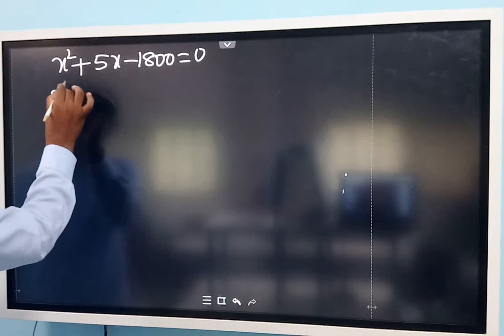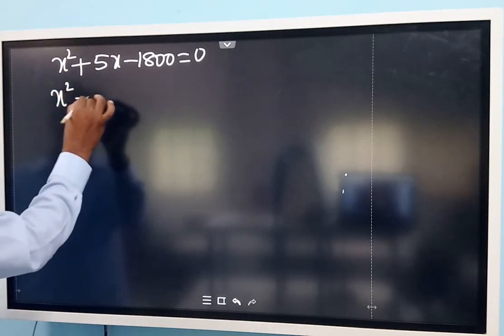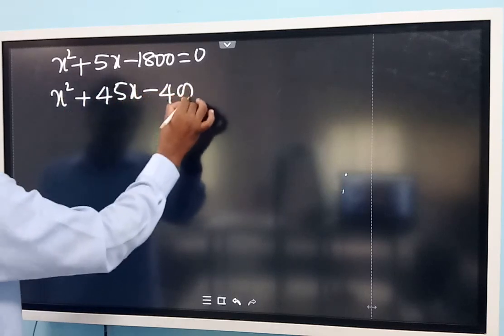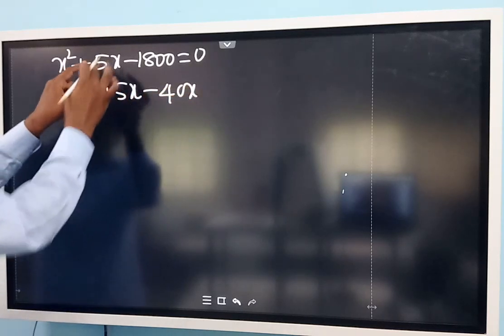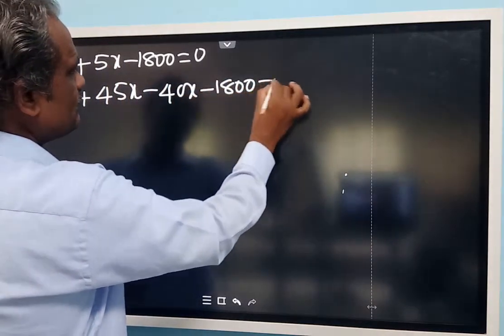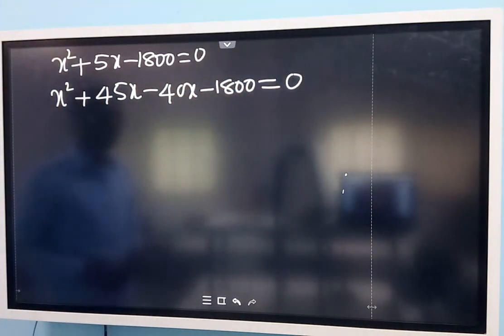So x square, here I will write 45x and minus 40x. 45 minus 40 gives you plus 5. Then minus 1800 is equal to 0. Now take common from this one.